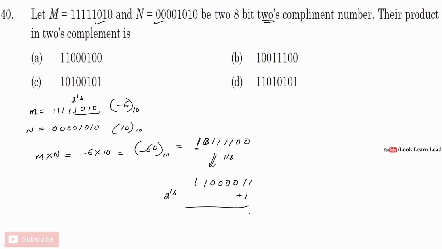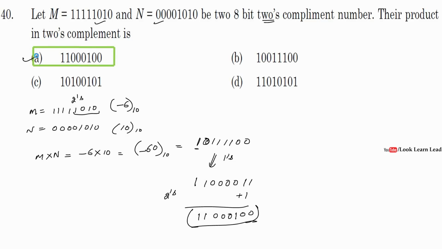So 1 plus 1 is 0, 1 carry, and again 1 plus 1 is 0, 1 carry. This is the 2's complement. So this is what should be the answer. A is the answer. Okay, next.